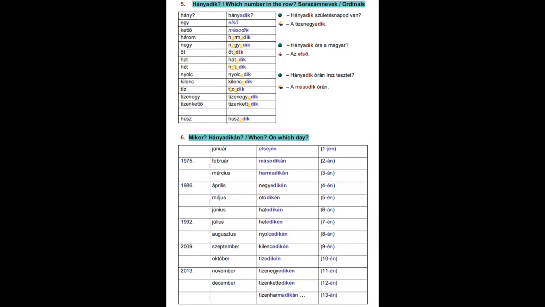Is that the first, or the second? Right, it's the second. So on the second hour. Looking at that sentence, a második órán. Why is it no longer óra? Why is it órán? Right, because it is on the hour. Órán, on the hour. Okay?